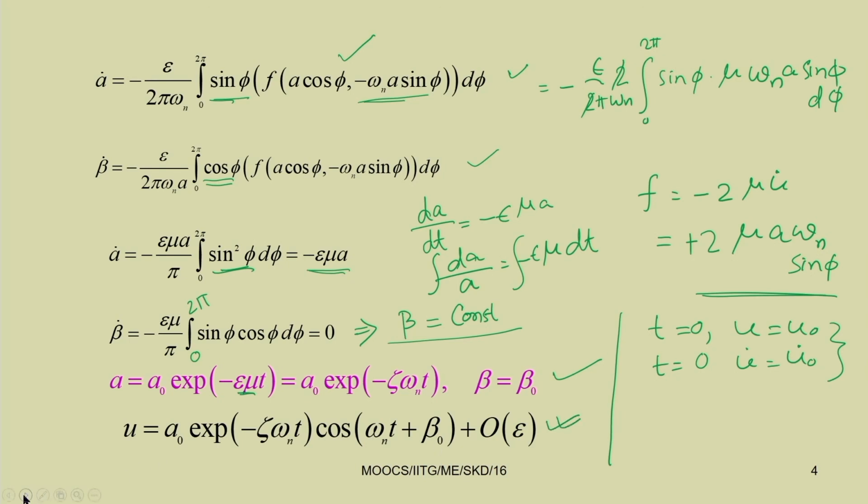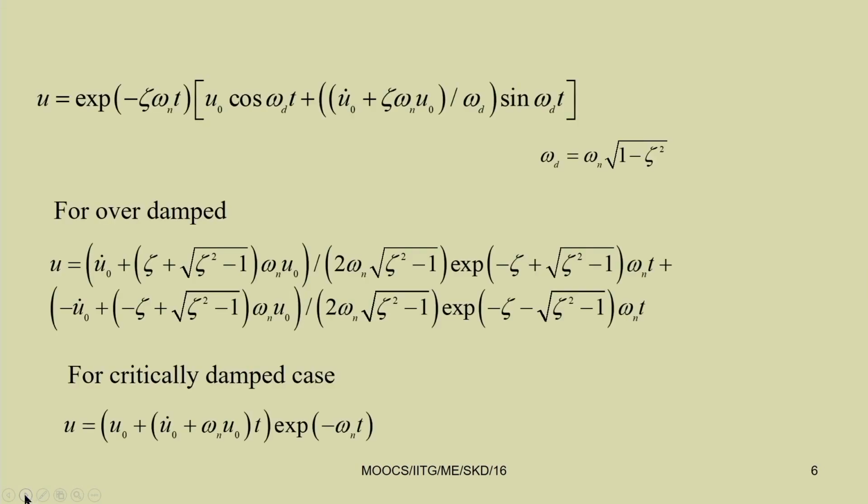So, you can find that u will be equal to e to the power minus zeta omega n t times u 0 cos omega d t plus u 0 dot plus zeta omega n u 0 by omega d sin omega d t, where omega d equal to omega n into root over 1 minus zeta square. From the auxiliary equation also we got a similar expression, so either by using this Krylov-Bogoliubov method or by using the classical method, you are getting the similar expression.